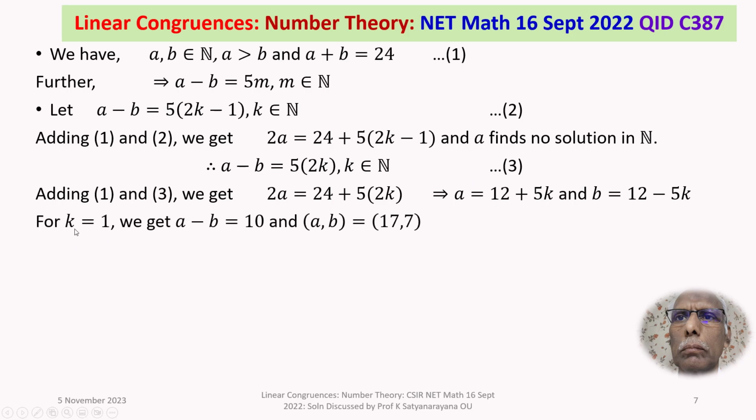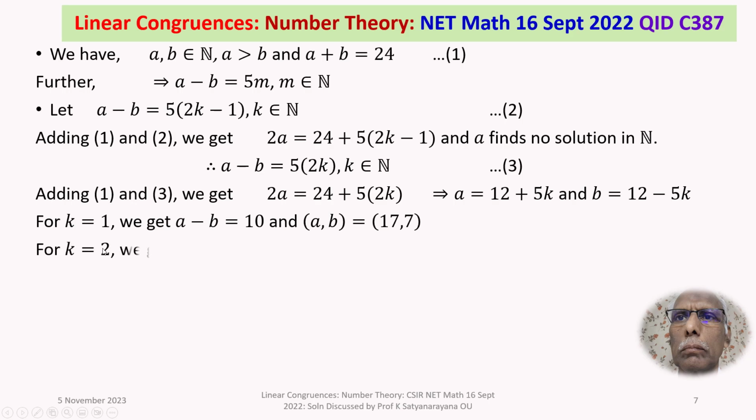Suppose you take k is equal to 1, then a minus b is 5 times 2, that is 10, and a will be 12 plus 5, 17, b will be 12 minus 5, 7. Therefore a comma b is equal to 17 comma 7.